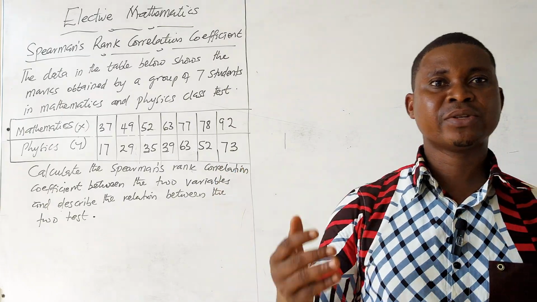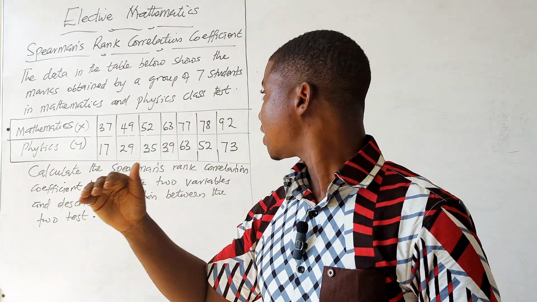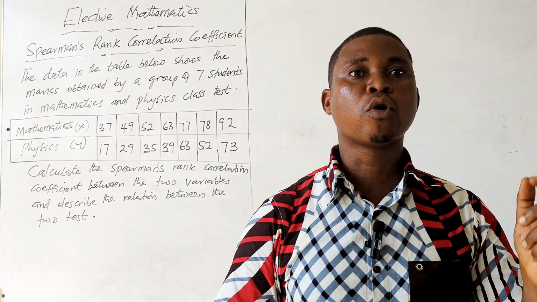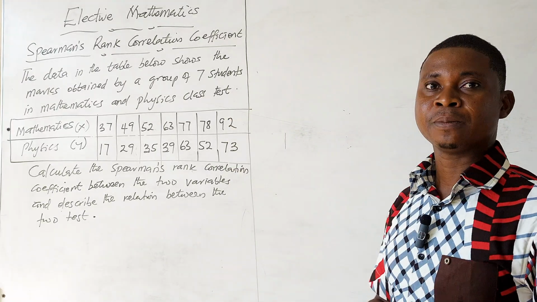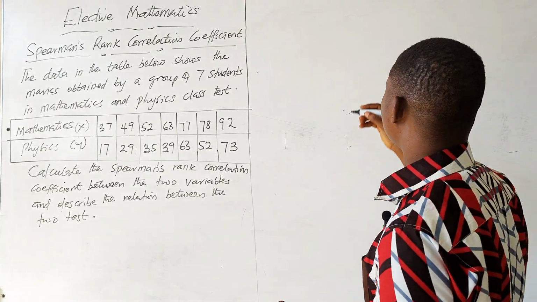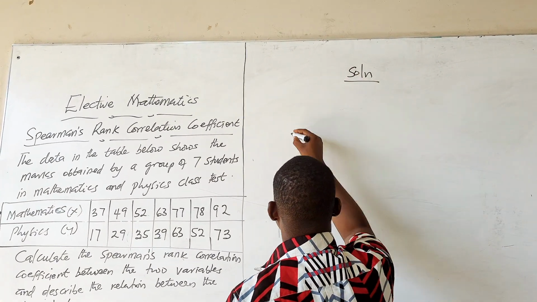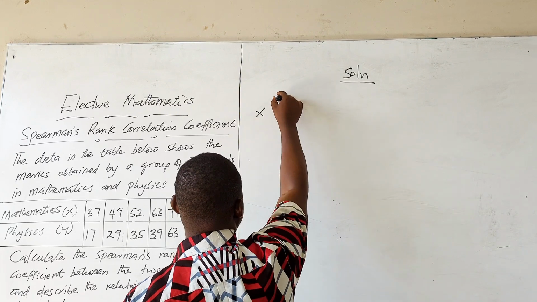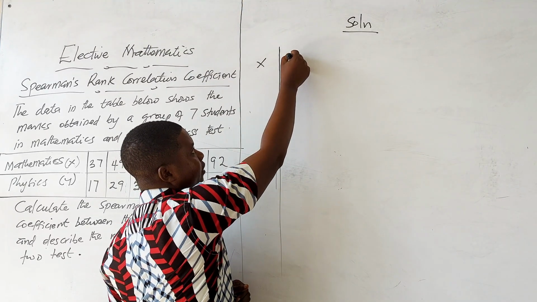In Spearman's rank correlation, we are going to compare the various tests and see if they correlate. So first, we need to draw our table. With our table, we have the data for x and the data for y.